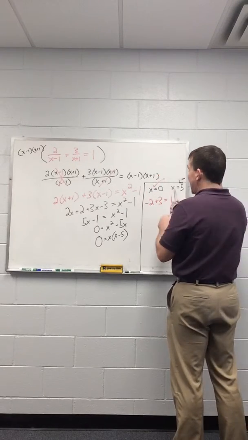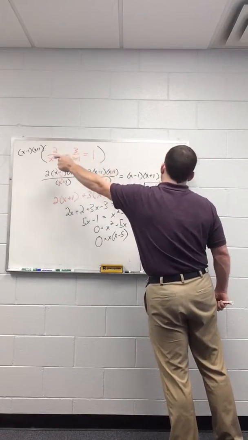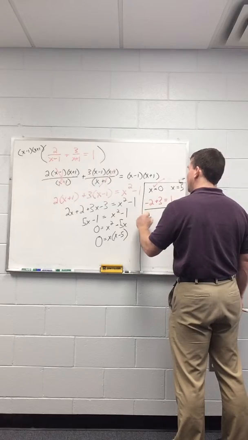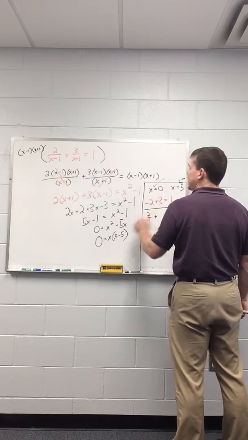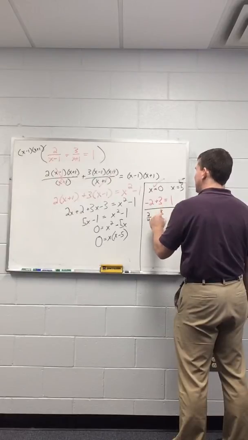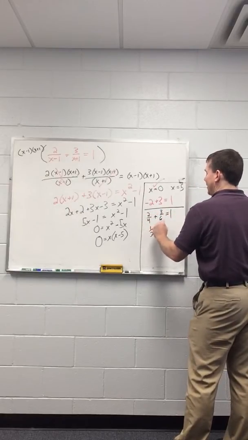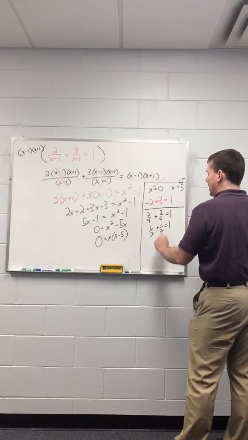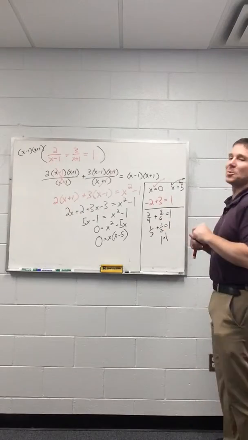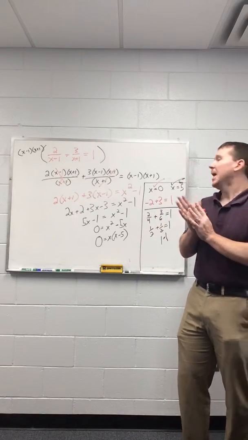If you plug in 5, you get 2 over 5 minus 1, which is 2 over 4, plus 3 over 5 plus 1, which is 6, so that's 3/6, equals 1. That's 1/2, plus 1/2 equals 1, which clearly works. So both solutions will work, and in this case we don't have any extraneous solutions.